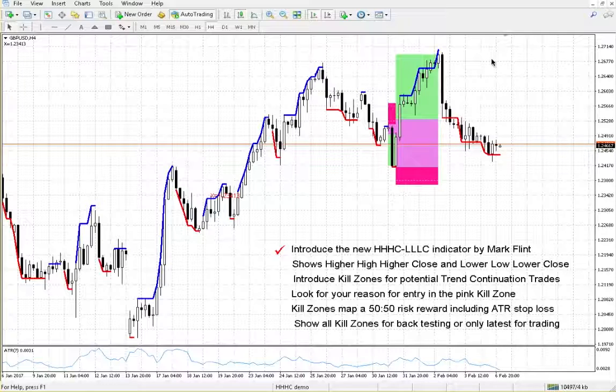Now, for trend continuation, we're not trend following, we're not looking for extensions beyond the previous move. We're looking to test the highs of the previous bullish move.